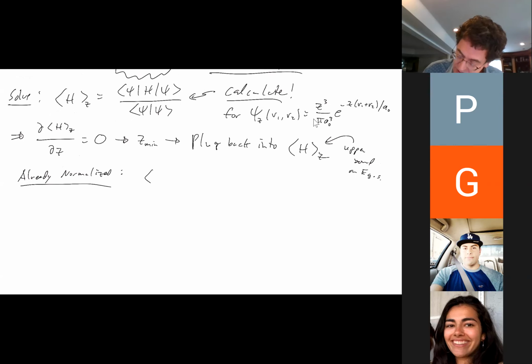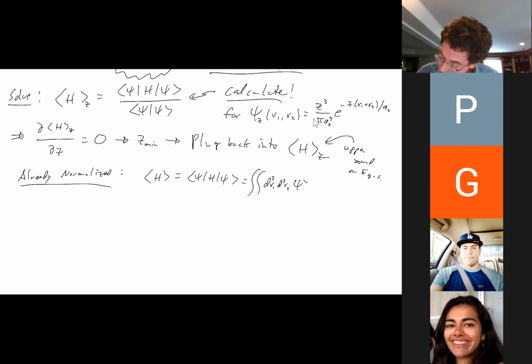So all we've got to do is calculate psi H psi, which is equal to the integral over the position of particle 1 and the position of particle 2 of psi star of R1, R2, the Hamiltonian acting on psi of R1, R2. So that's all we've got to do, just calculate that integral.